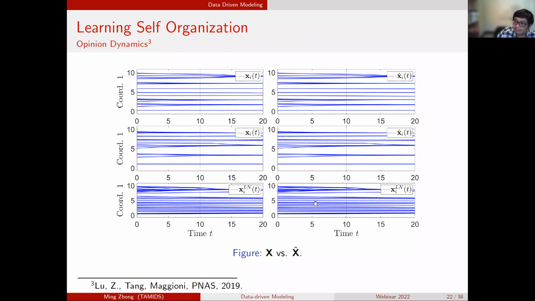Another thing is the reason why we want to put the learning framework using that kind of model is that once we learn phi, the interaction law, which is independent of the number of agents and the dimension of the system, you can use it for transfer learning. If I learn the interaction law from a system of 20 agents, I can transfer it to 40 agents right away, which is what I show you here.